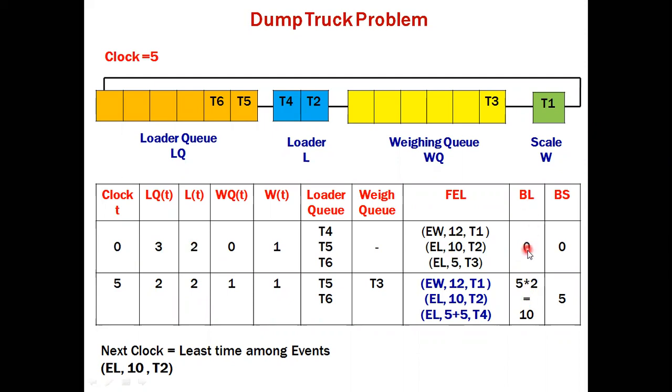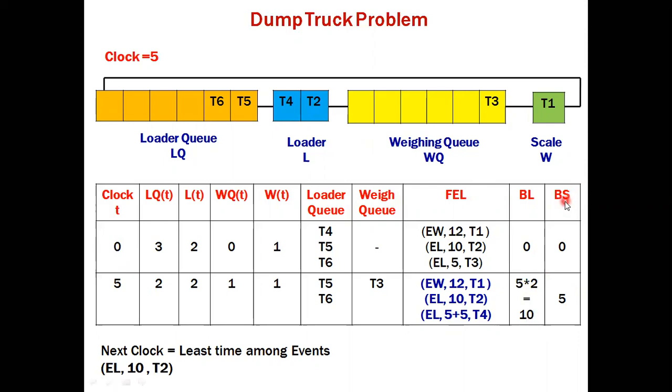So you write 0 as it is, 0 plus between 0 and 5, correct? What is the difference? 5 minus 0, 5, into how many loaders we have? Two loaders, correct? So 0 plus 5 into 2, that is nothing but 10. So 10 is the cumulative busy loader time.